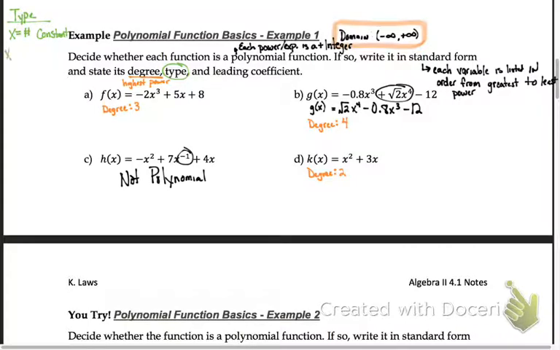If I have x to the first power, it's linear. If I have x squared, it's a quadratic. If it's x to the third, it's going to be what's called cubic. And then x to the fourth, it's going to be quartic.